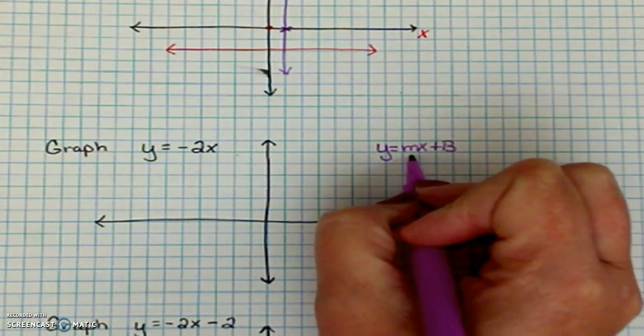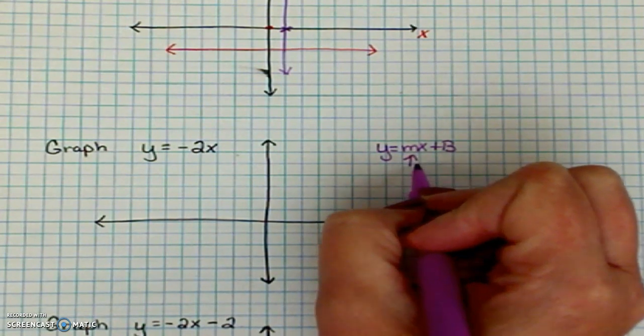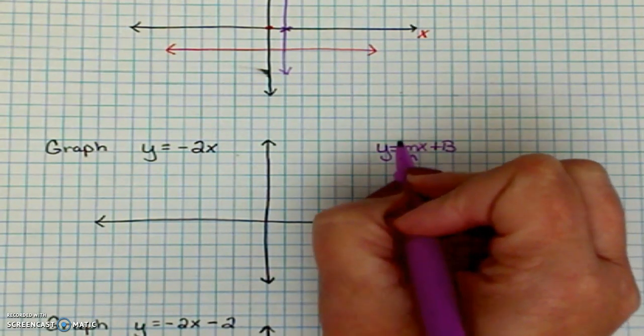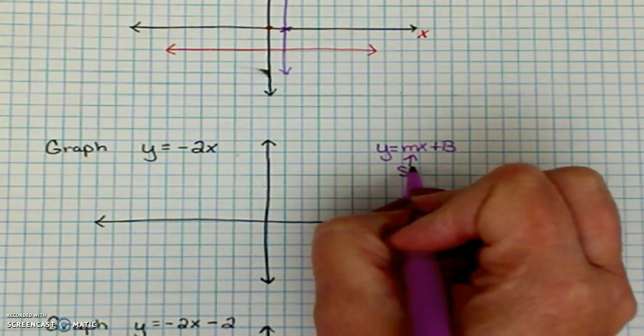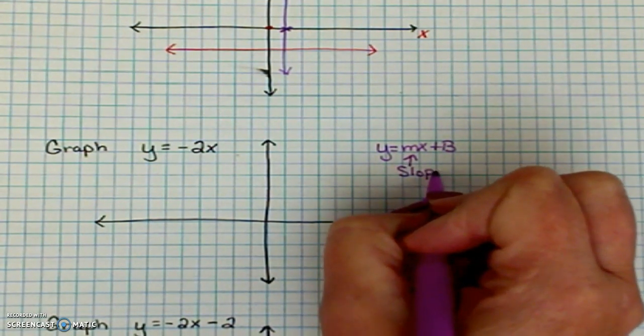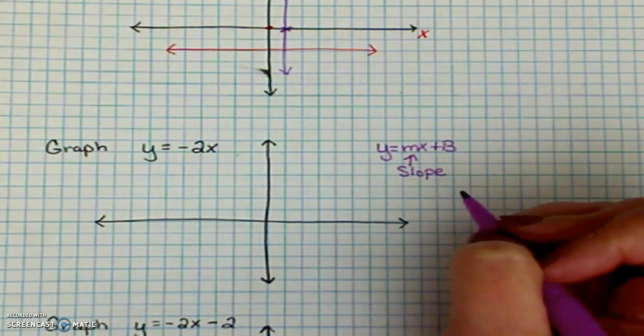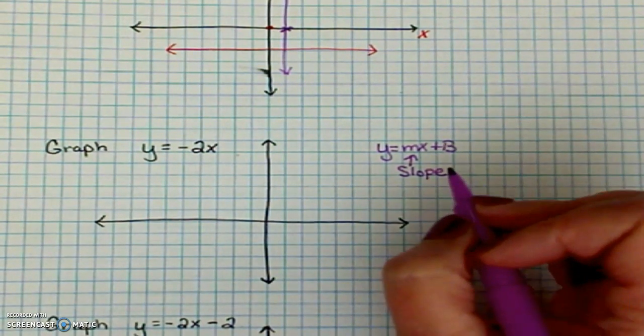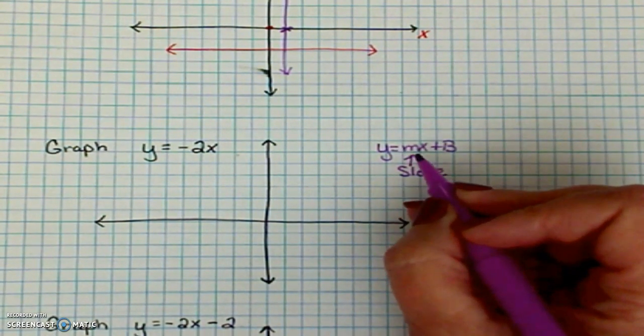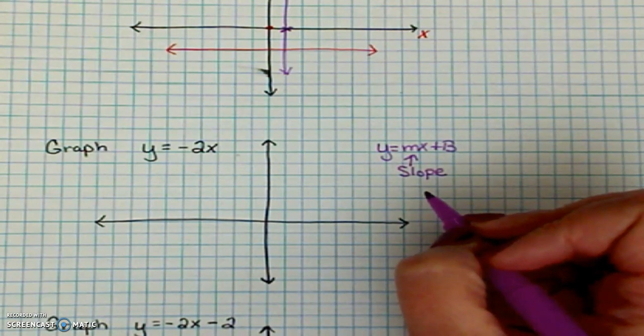Now m is the coefficient of x. The numerical value in front of x represents your slope. You would have found that out in IXL 8.y.4, one of the 3 IXLs that I assigned last week. The coefficient of that x value is your slope.